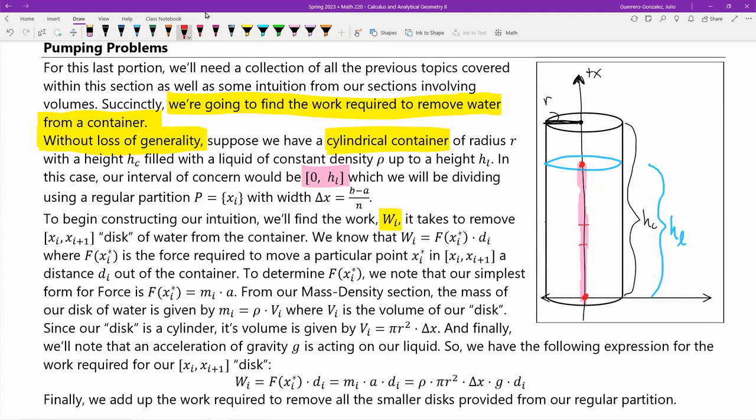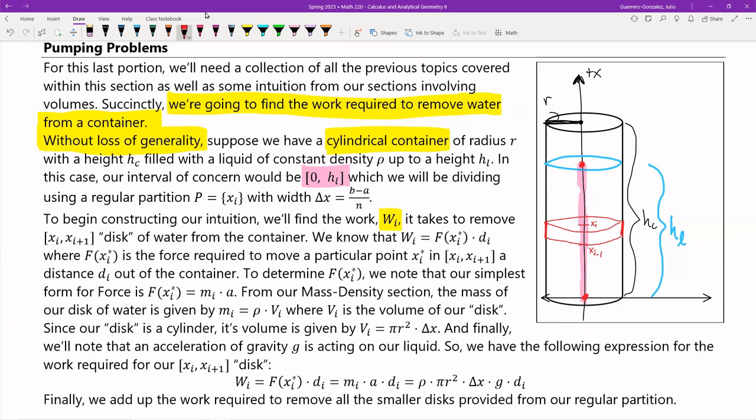You see what I'm doing here? Here is my ith disk. I'm going to go up to there. So this is going to be my x of i, and this is going to be my x of i minus 1.